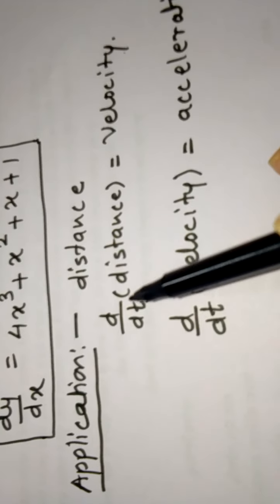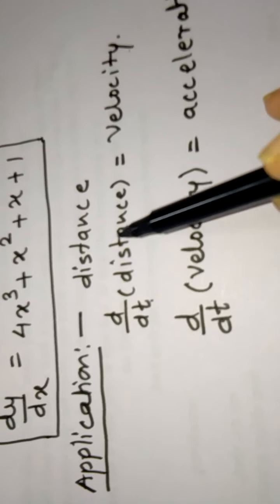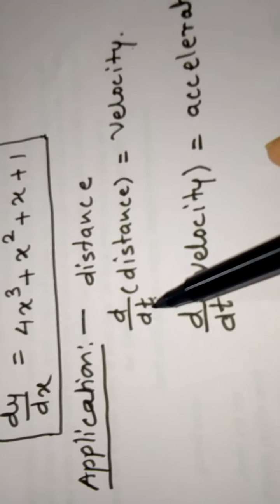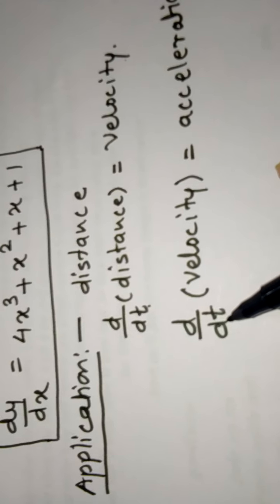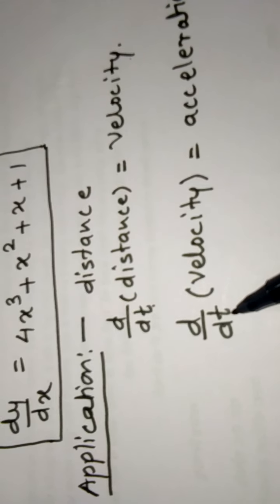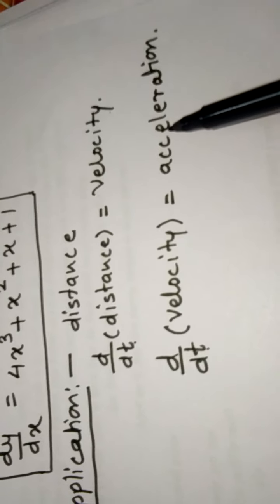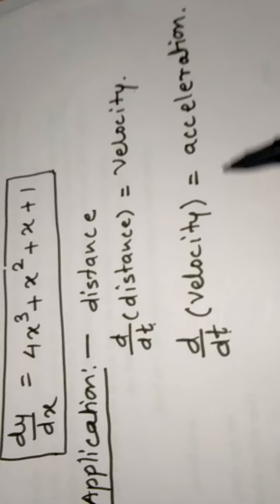We say that rate of change of distance with respect to time, that is derivative of distance with respect to time, is called velocity. Rate of change of velocity with respect to time, that is derivative of velocity with respect to time t, is called acceleration. Next period we will take the examples depending on velocity and acceleration.